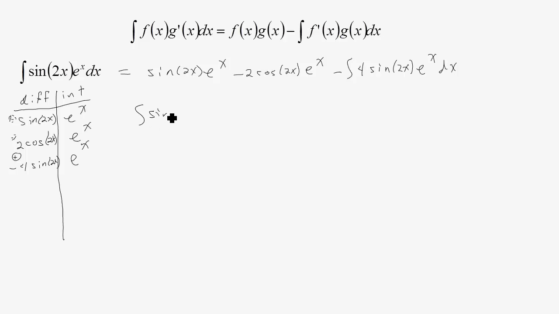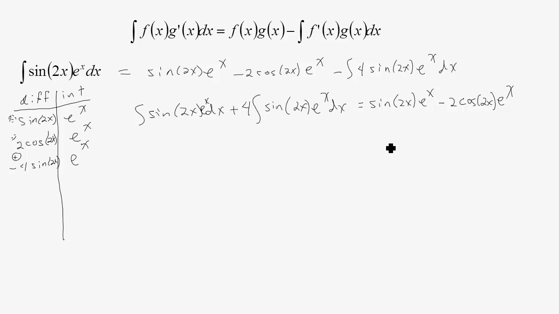I'll have the integral of sine 2x e to the x dx plus 4 times the integral of sine 2x e to the x dx, and then we have sine 2x e to the x minus 2 cosine 2x e to the x. So we have one of the integral we're looking for and another 4 of them.